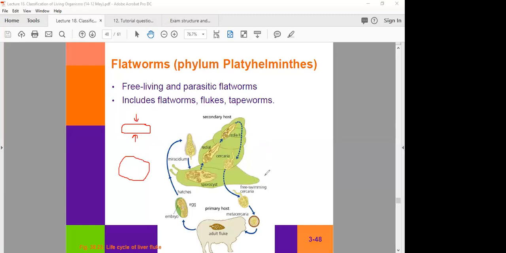All right, just an example shown here. This is the liver fluke, which has two hosts. Here we have the primary host, in this case it's a sheep, and there's also a secondary host. So the liver fluke completes its life cycle in two different animal hosts. So the adult fluke will lay eggs, which come out in the feces of the animal. The egg hatches into the first stage, larval stage.